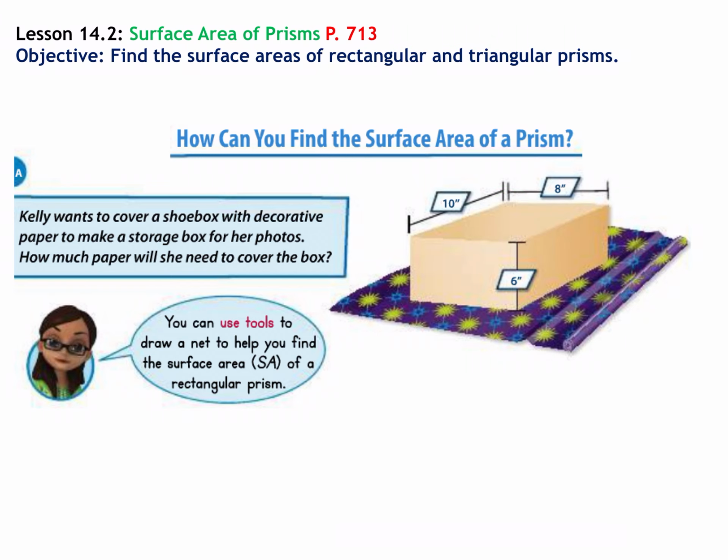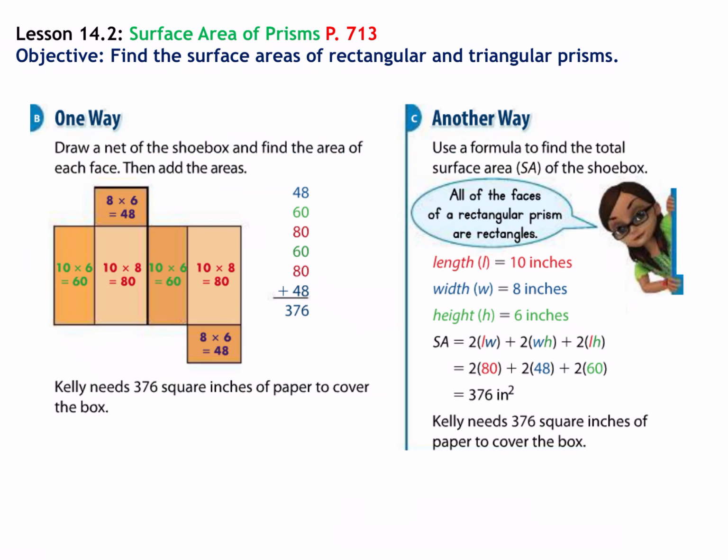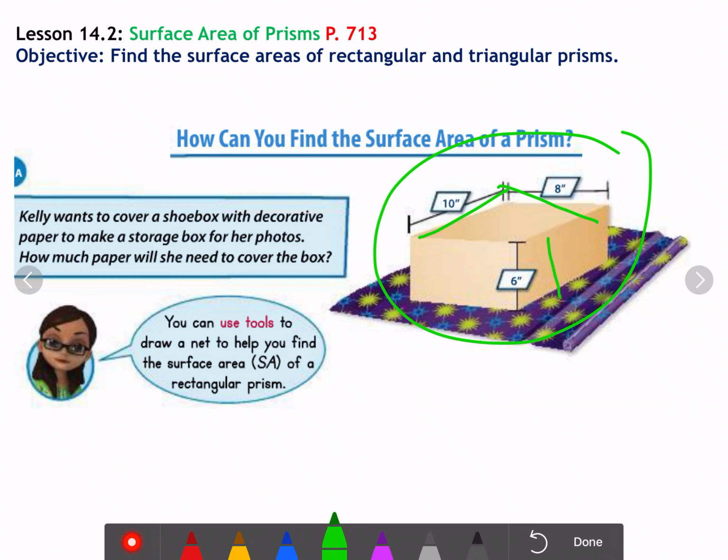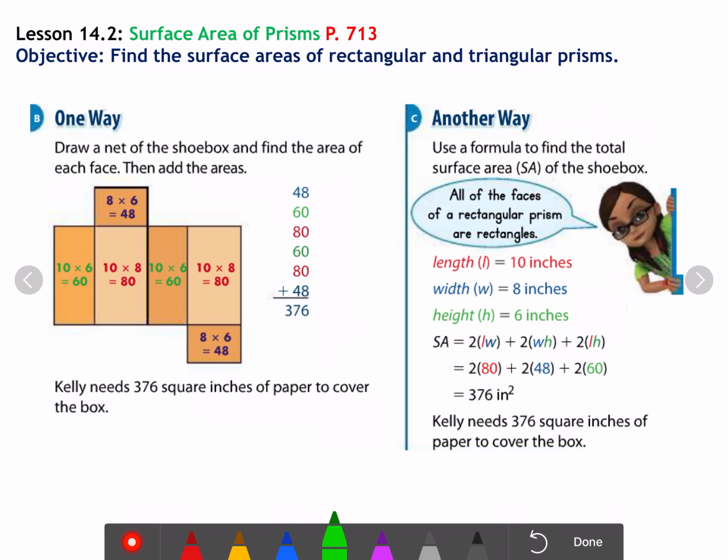If we imagine this box, it will have 6 faces. I will first use the first way, which is to draw a net of the box, find the area of each face, then add the areas.